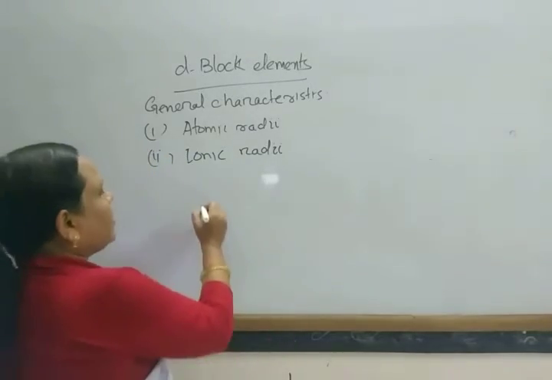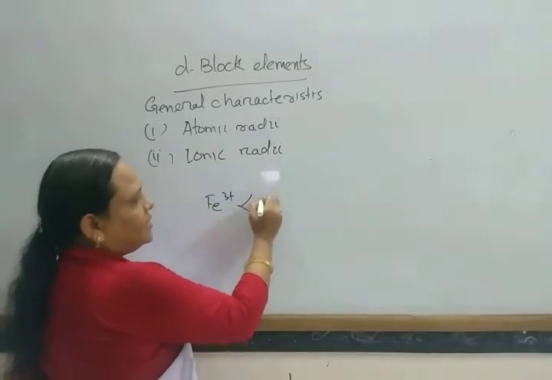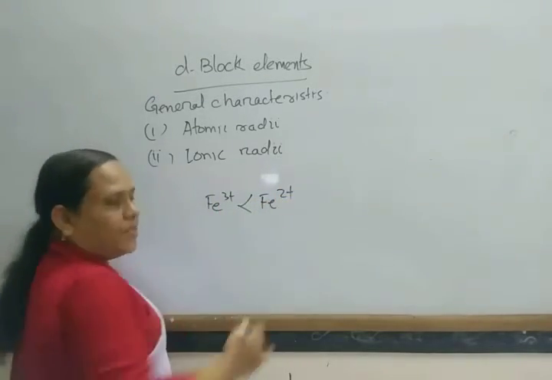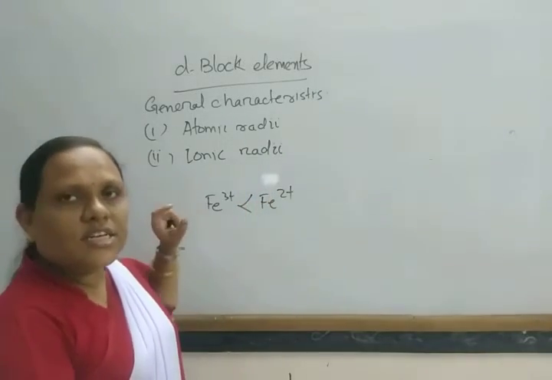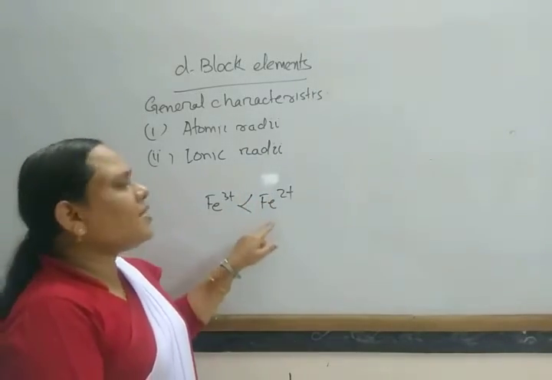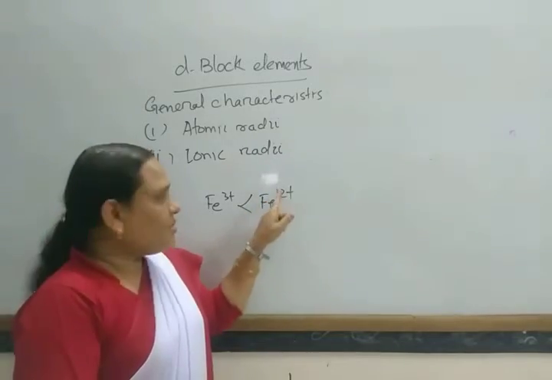So Fe3+ has a smaller size than Fe2+. An ion having higher charge has a smaller radius than an ion having less charge.